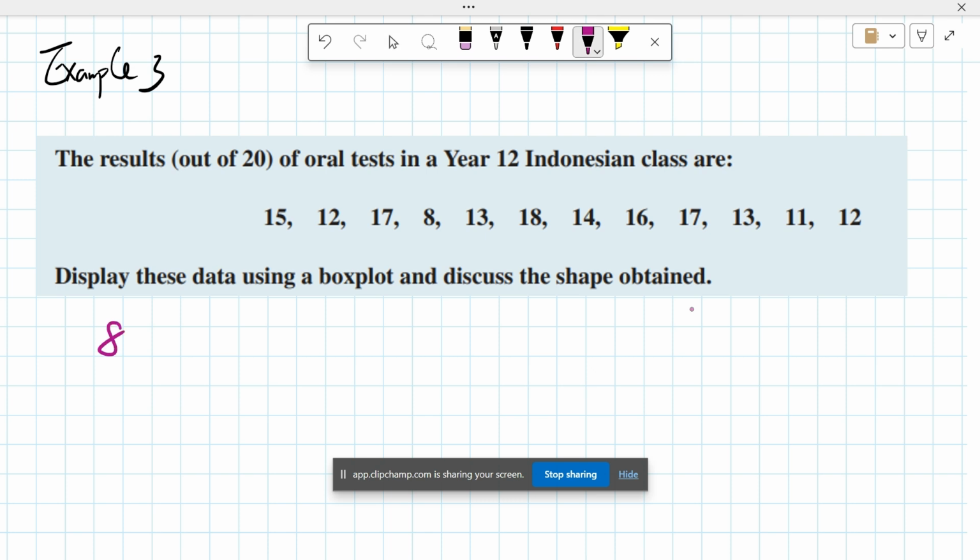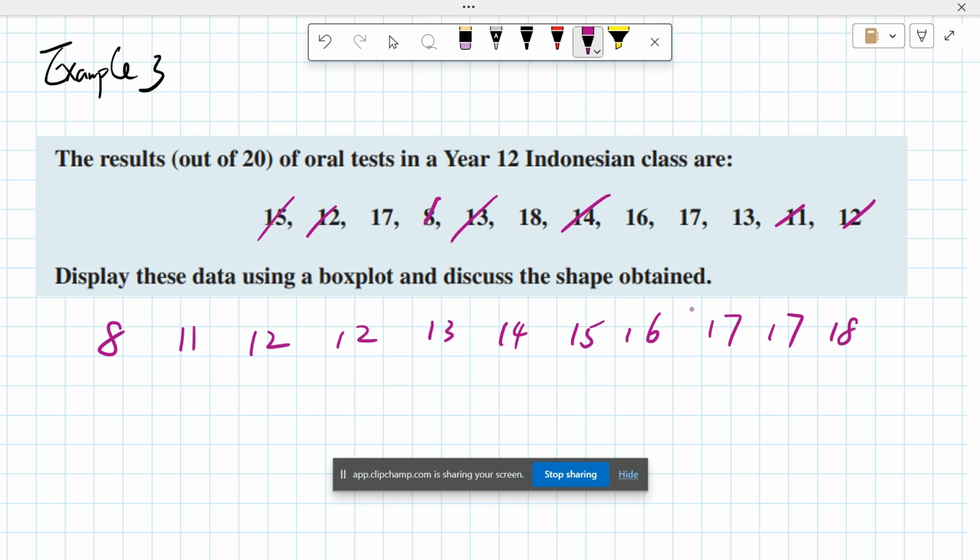So 8, 11, 12, 13, another 12, 13, 14, 15, and then 16, 17, 17, and 18. So we don't know the median yet, but we can find out, hopefully by hand.